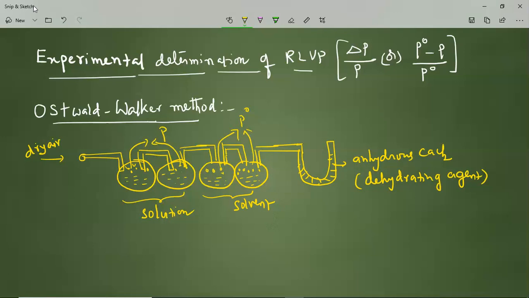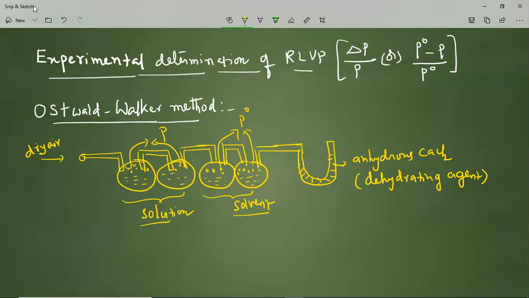And finally, what happens once we pass this dry air into these bulbs? Vapor pressure will be developed, that means vapor will start forming. The first two bulbs contain a weighed amount of solution, and the next two bulbs contain a weighed amount of pure solvent. So the solution bulbs and solvent bulbs have their weights measured in the beginning.